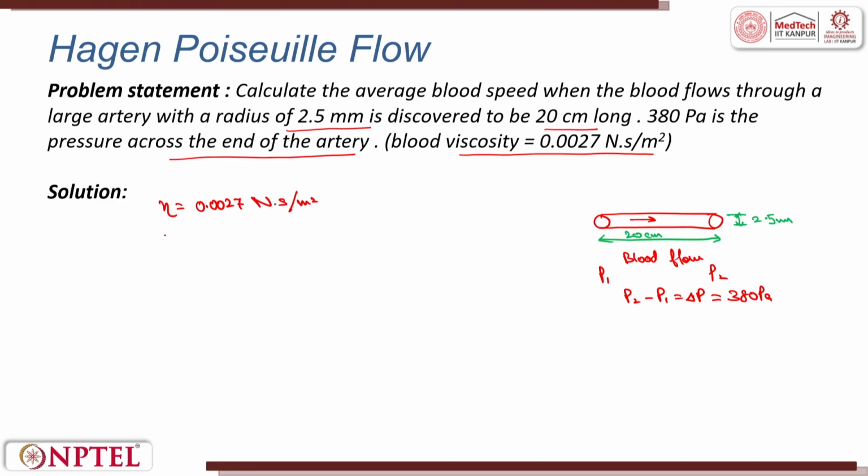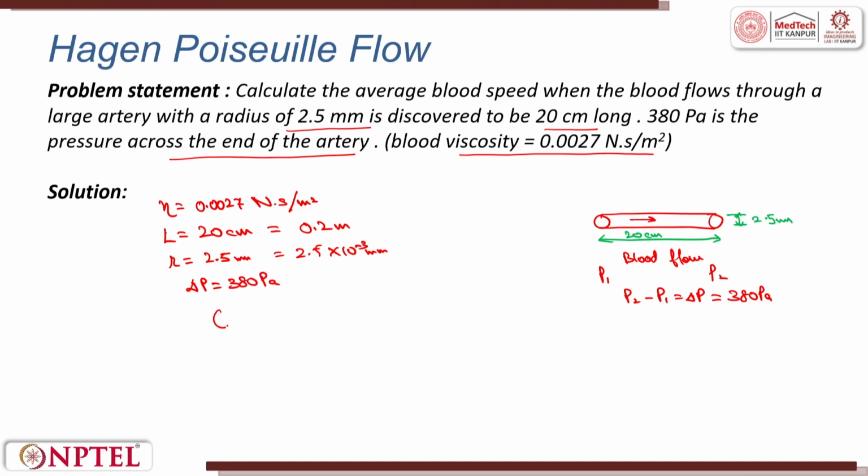We have the length as 20 centimeters, which is equal to 0.2 meters. The radius is given as 2.5 into 10 raised to power minus 3 meters, and delta P, that is the pressure across the artery ends, is 380 pascal.